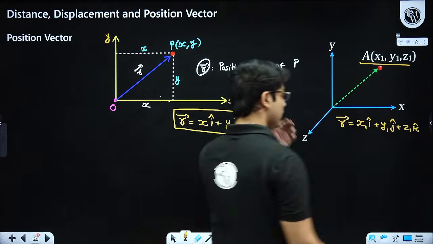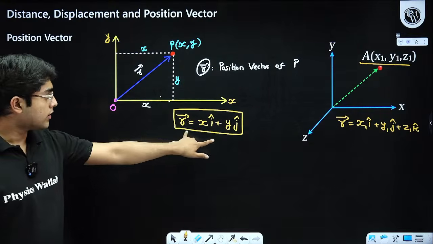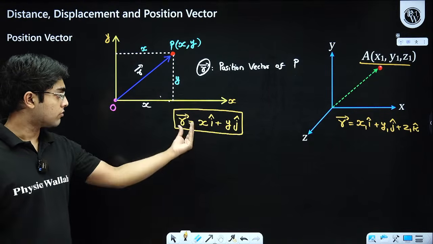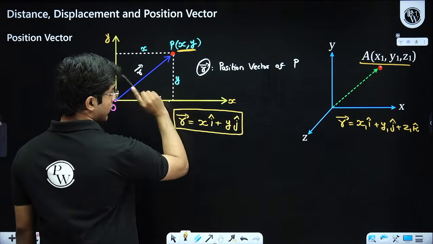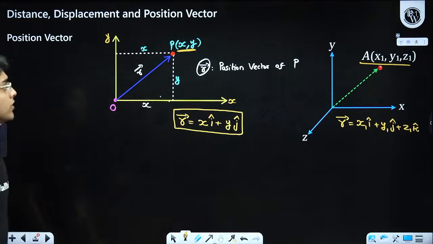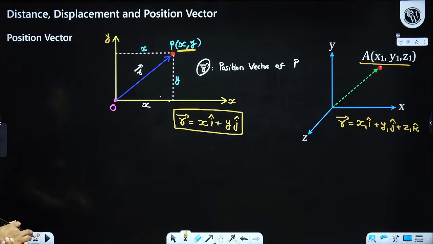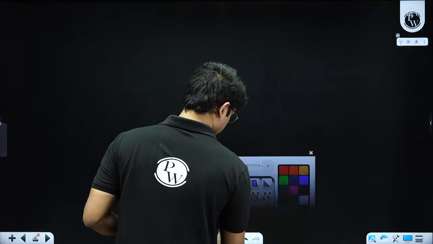That's the only difference. So this is just an alternate way to write down the position of the particle. If the position of the particle is at x comma y, then we can represent the position vector this way.